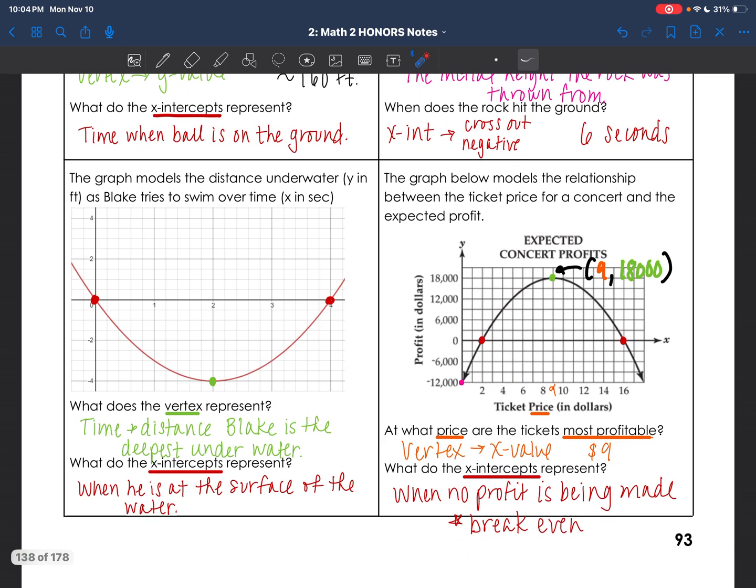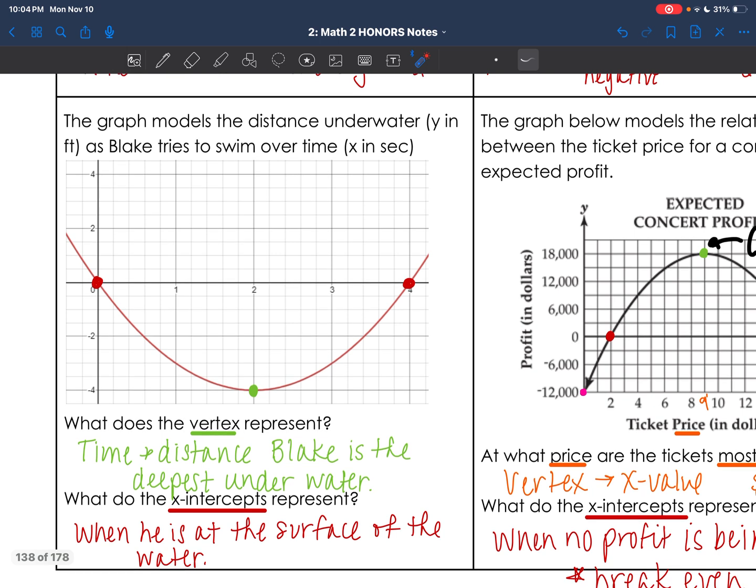So now let's look here, and we've got the graph that models the distance underwater, which is y, in feet, as Blake tries to swim over time, which is x in seconds. So this is your x-axis here, here's your y-axis, and if you notice, this is 0 right here. So it says, what does the vertex mean?